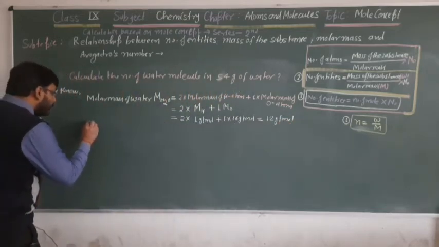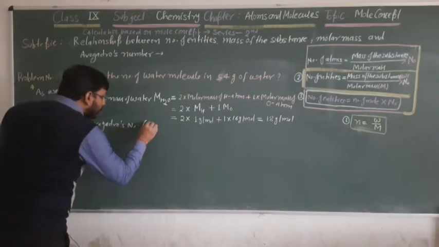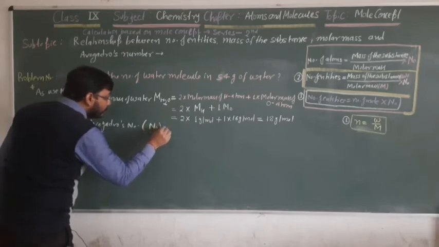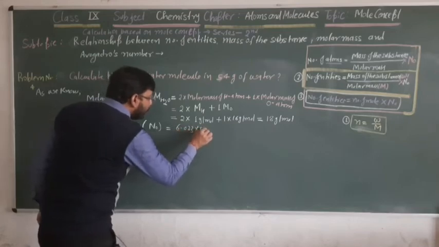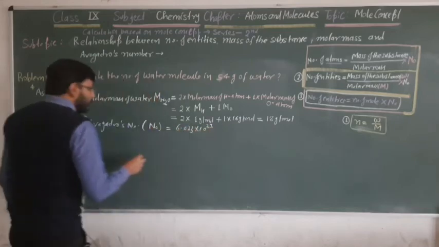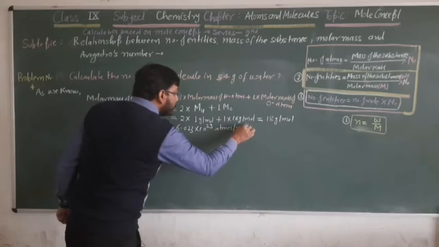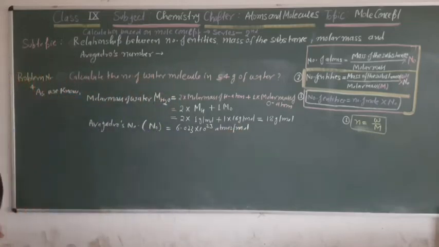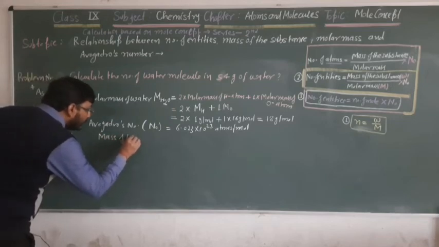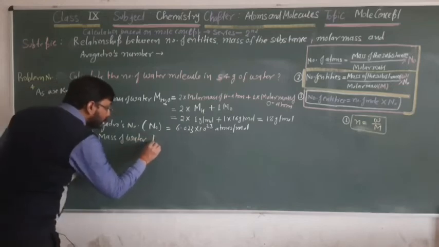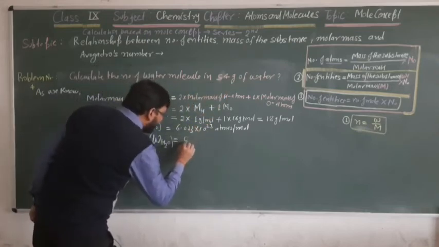Now Avogadro's number N naught is equal to 6.023 into 10 to the power 23 atoms per mole. Then the mass of water, W H2O, given, is 54 gram.